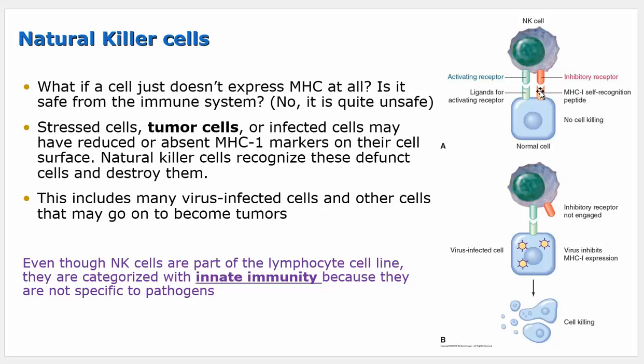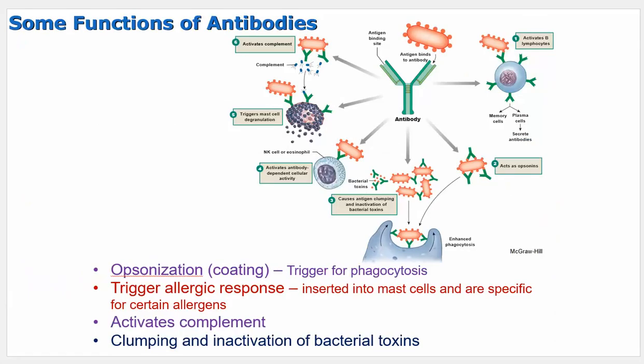There was nothing special about this. It's just like, you have an MHC molecule? Nope, then you're dead. So that's not very specific. It's not recognizing specific pathogens. It's just saying that you're kind of messed up. So we keep it in the category of the innate immune response, as opposed to the adaptive.